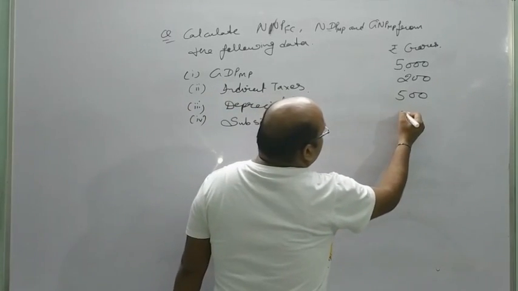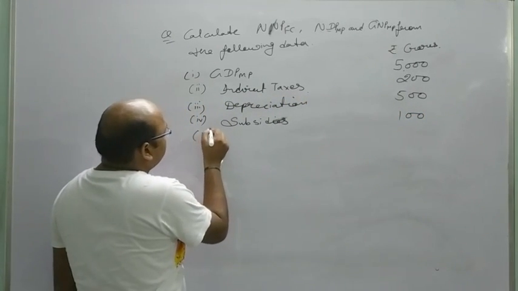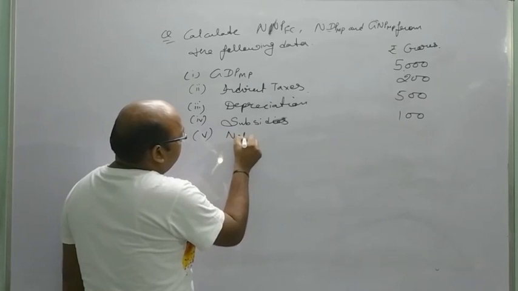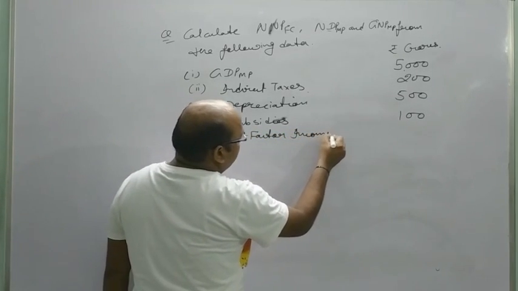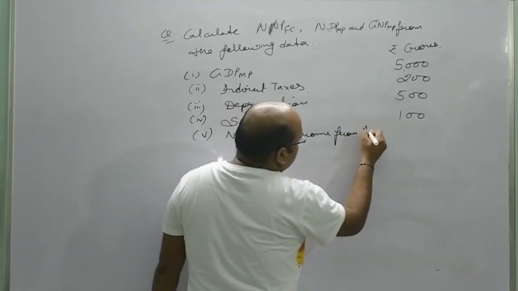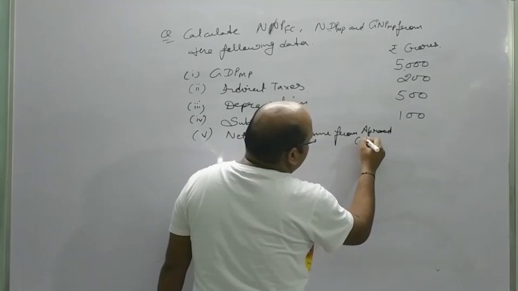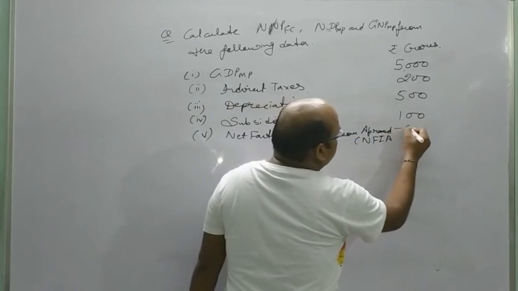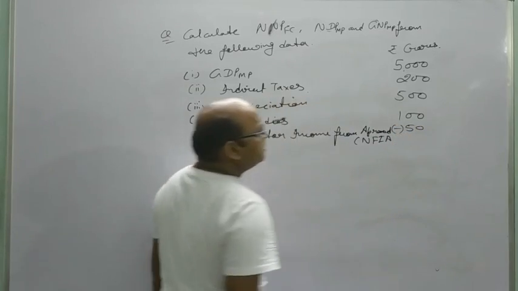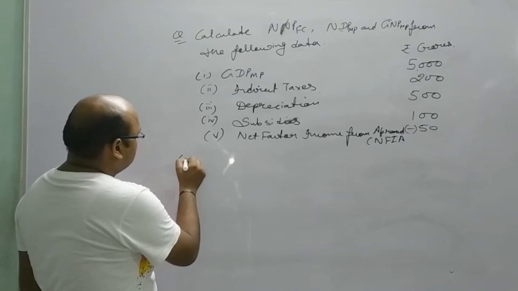Subsidy is 100. And fifth, NFIA, net factor income from abroad, is minus 50.